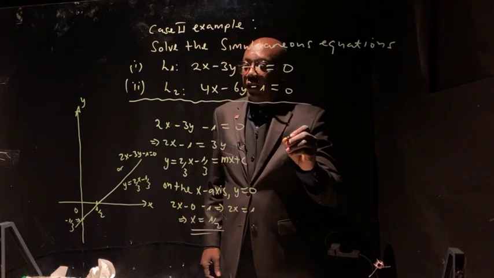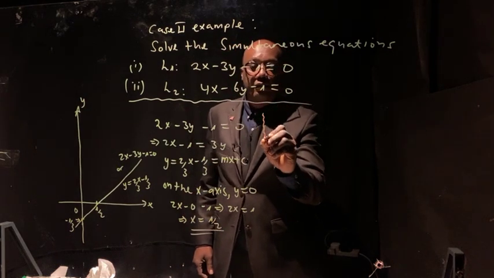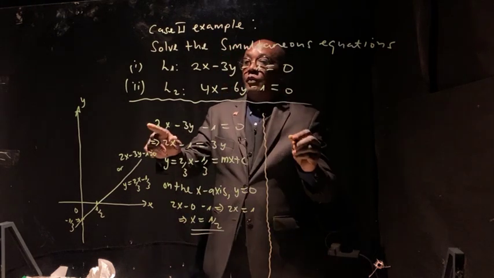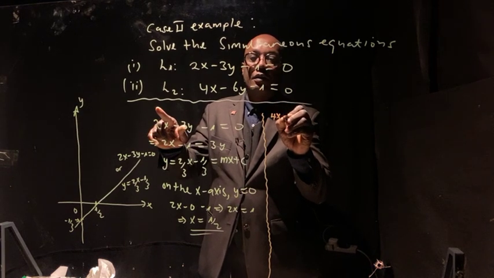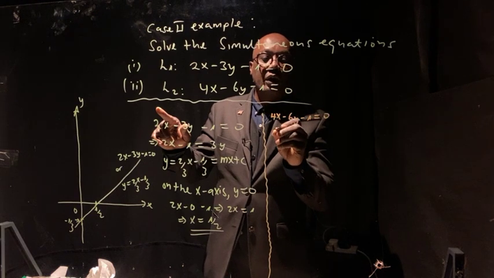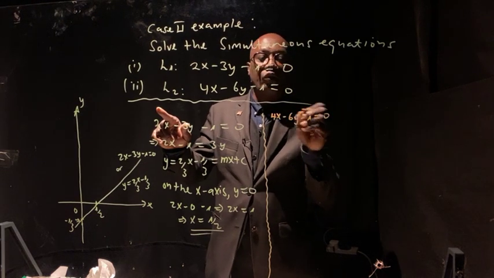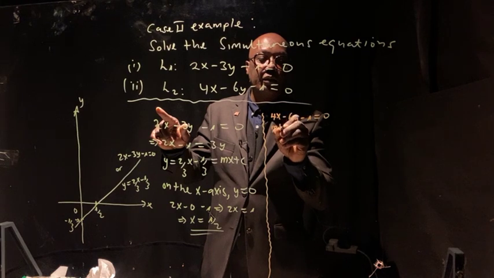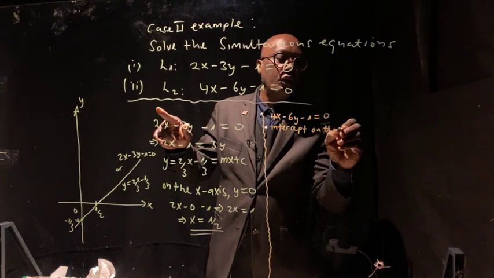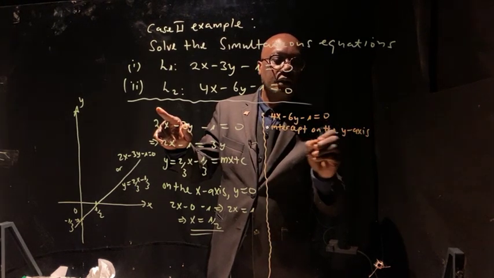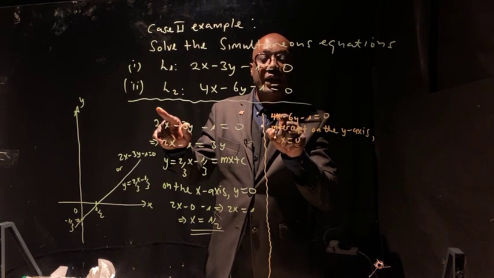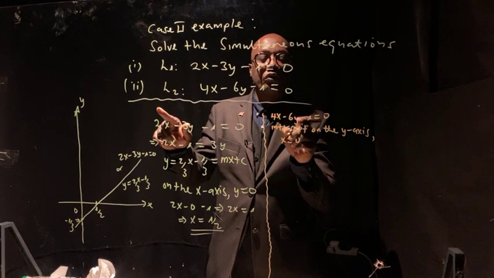The second line, whose equation is 4x minus 6y minus 1 equals 0. Let's see the intercepts on the x and y axes. Intercept on the y-axis, x will be equal to 0. In that case, 4 multiplied by 0 is 0.